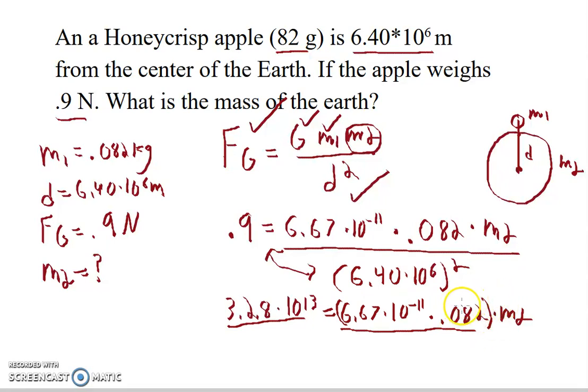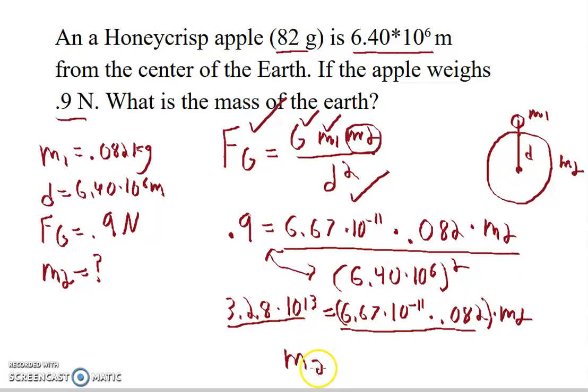I'm going to divide this number by this, and I'm going to get out M2. When you do that out, be careful. Put these two numbers in parentheses, or multiply them out first before you divide.